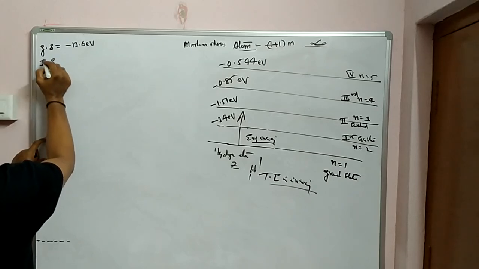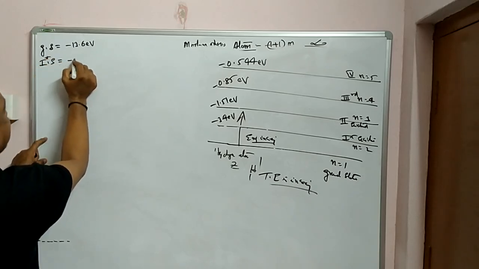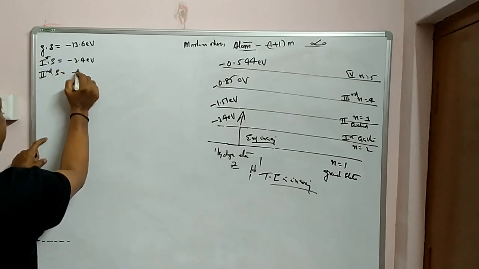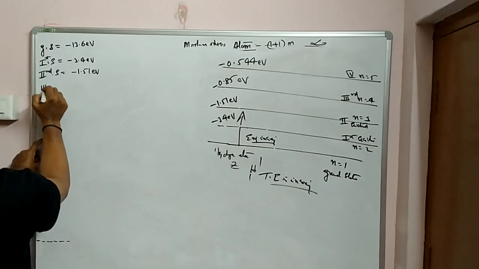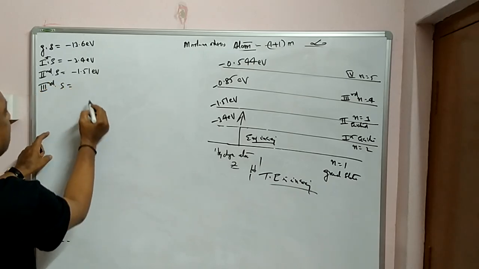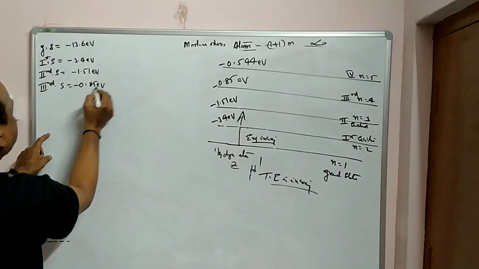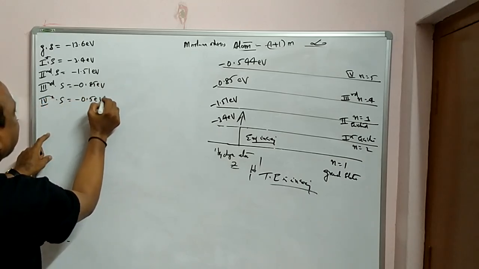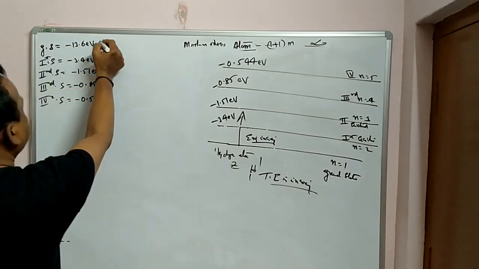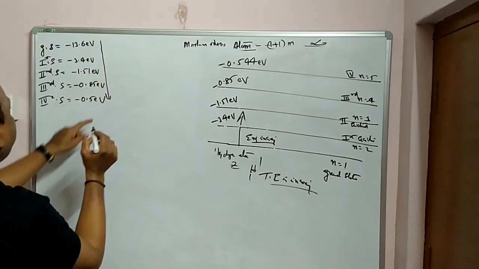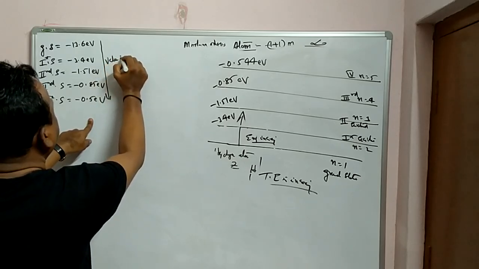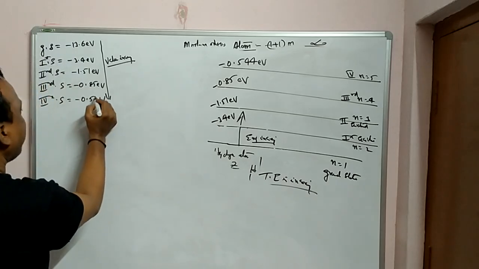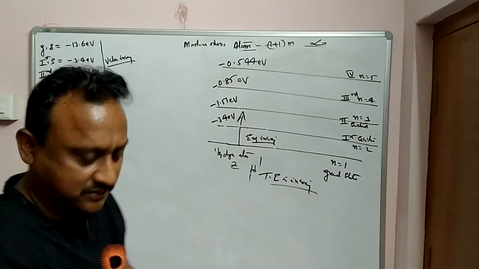First excited state value minus 3.4, second excited state minus 1.51, third excited state minus 0.85, fourth excited state minus 0.54. So as you are going from ground state to top, the total energy value is increasing. These values you have to put in your mind. Okay, clear?